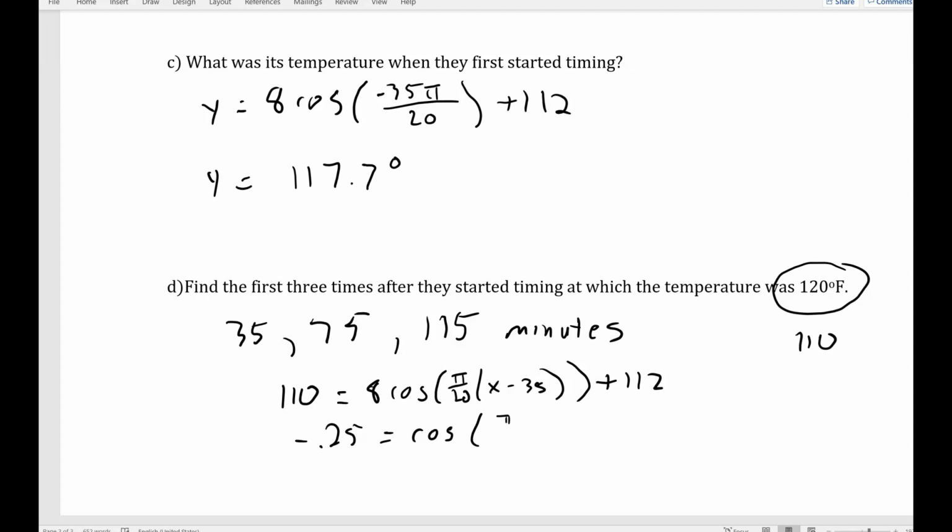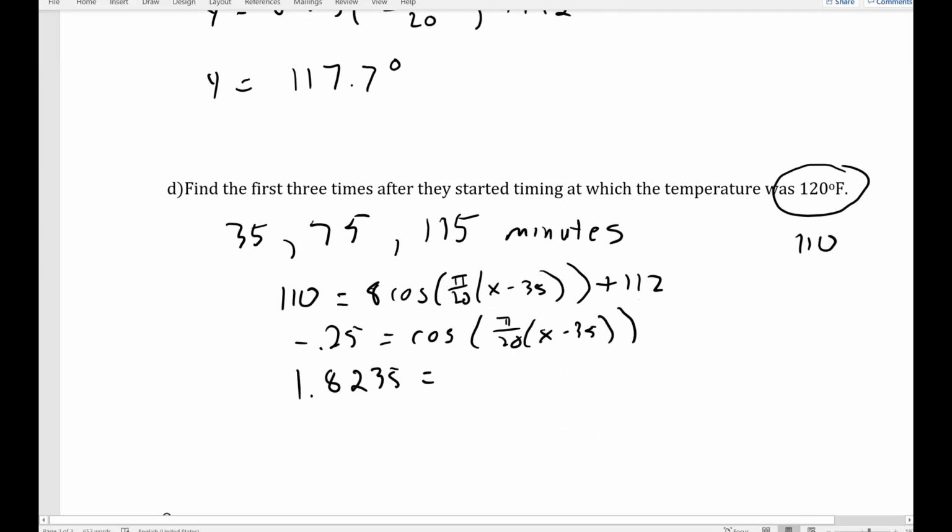And then I'm ready to take the inverse cosine of both sides. So I'll take the inverse cosine of negative 0.25, and that gives me 1.8235. Of course, that's equal to pi over 20 times x minus 35.